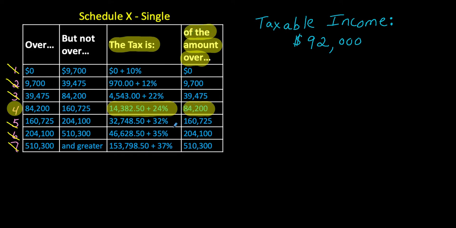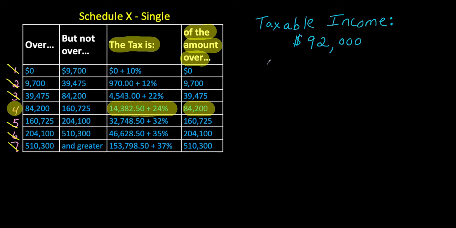Then we'll go through the calculations. It says the tax is $14,382.50 plus 24% of the amount over $84,200. Now that might seem a little confusing, but I'll show you how to calculate it, and it's really not as bad as it sounds.